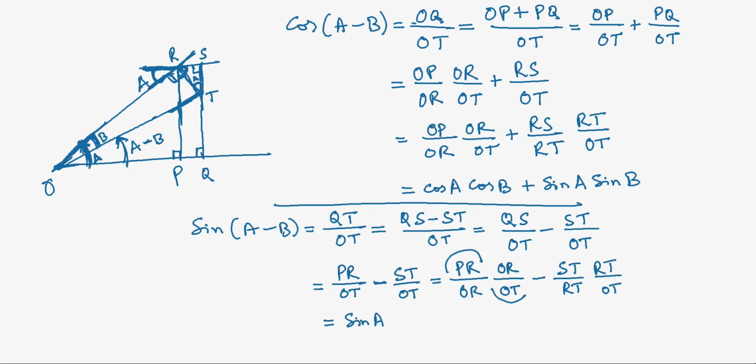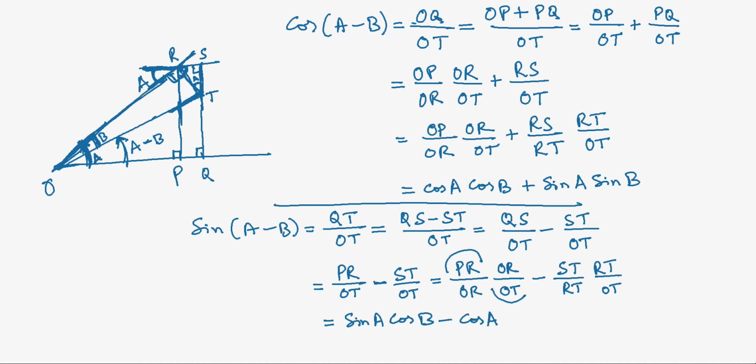And T is involved, this angle is B. It will be cos of B, because it will be the adjacent. So it will be cos B. Careful. Minus ST over RT, that is in the small triangle in that corner, ST by RT will be cos A. And then finally RT over OT.